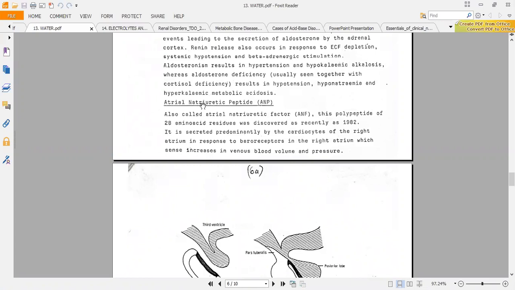Okay, good. So I've explained what the ANP does. When ANP is released, it increases the rate at which you excrete sodium as well as the rate at which you excrete water. So ANP is an antagonizing hormone for aldosterone and vasopressin.